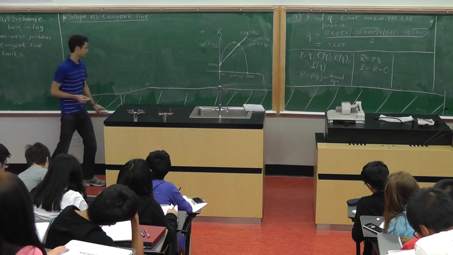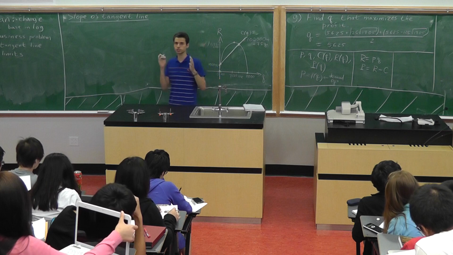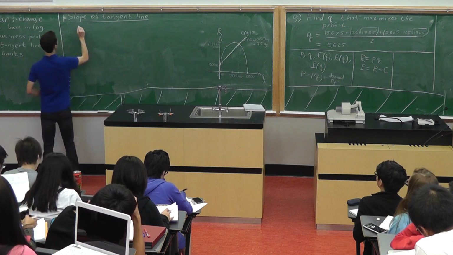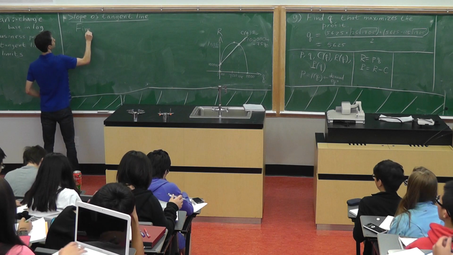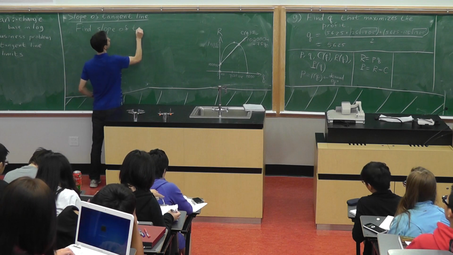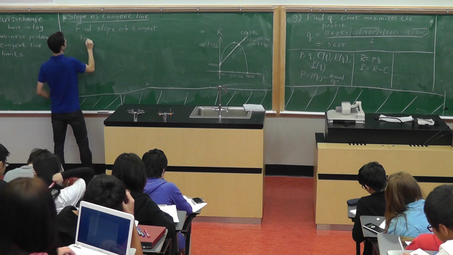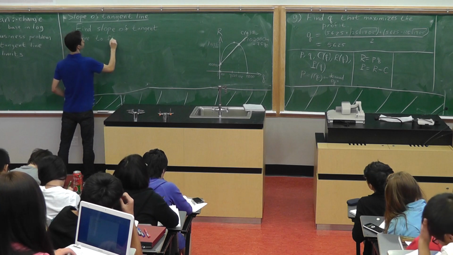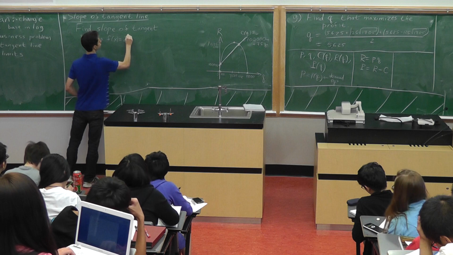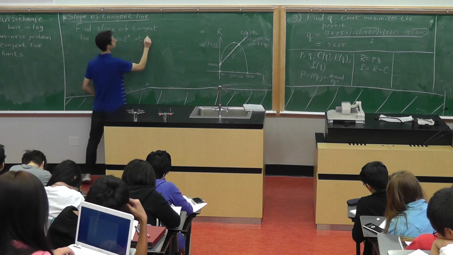And we won't do it right away in this generality, we'll just do one example. Find the slope of the tangent line. The graph of f of x is 2 to the power x, and x is equal to 0.